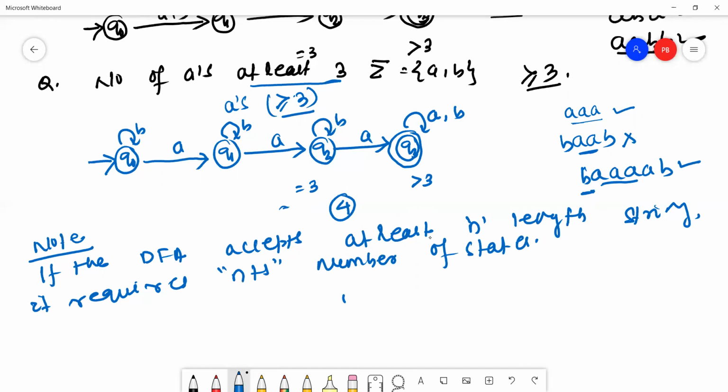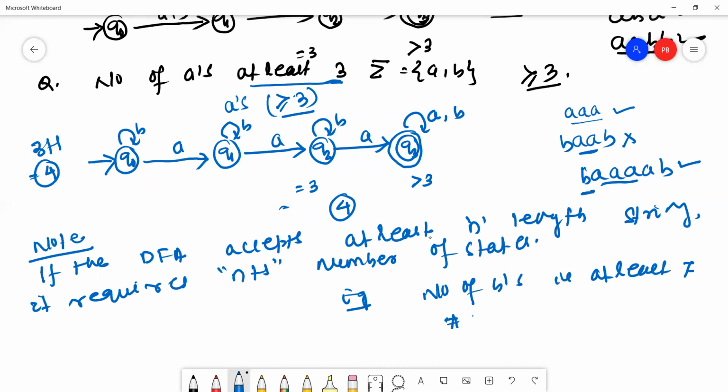For example, here at least 3 means 3 plus 1, which is 4 states. Suppose the number of B's is at least 7, so the total number of states equals 7 plus 1 equals 8. Hope all of you understand.